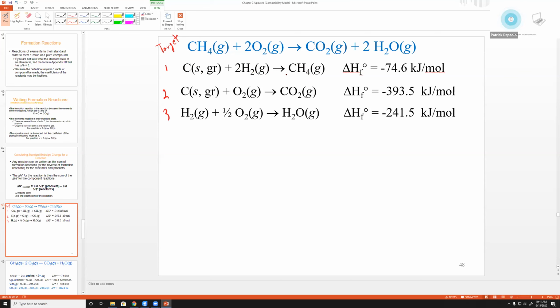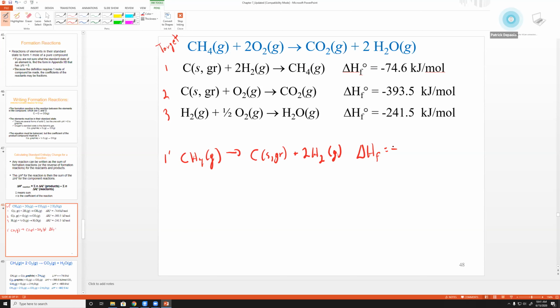So what I need to do is flip it. So let's look at 1 prime. We flip it. CH4 gas yields C(s, gr), that means solid graphite, plus 2H2 gas. And then since we flip it, we're also flipping the sign of our HF.